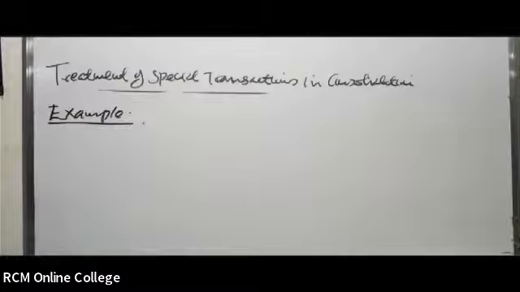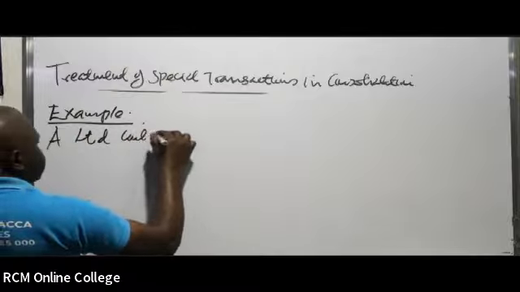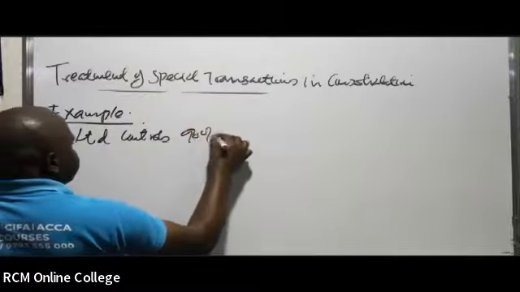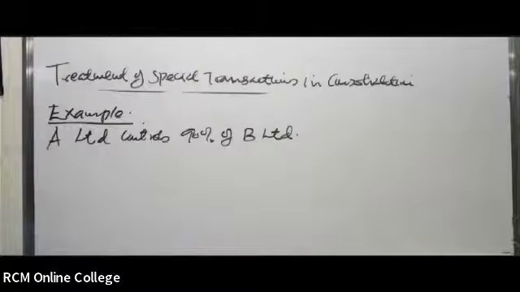A Limited controls 90% of B Limited. That means in this case A is our parent, B is our subsidiary.